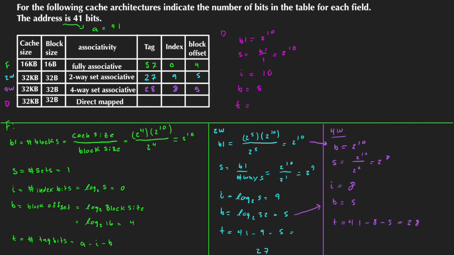Our block offset, nothing has changed. So we just carry over that 5. And then we finally calculate the tag. 41 minus 5 minus 10. And I think that's 26. Quick math in my head there. Okay. So yeah, 26, 10, 5.